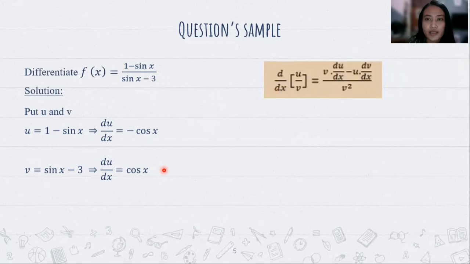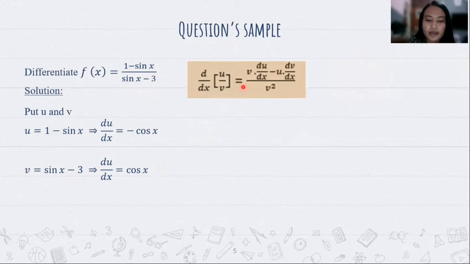And then we use the quotient rule of derivative: d over dx of u over v equals v multiplied by du over dx minus u multiplied by dv over dx, over v squared.